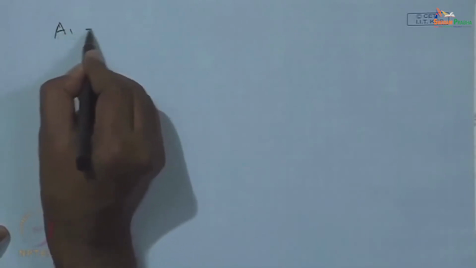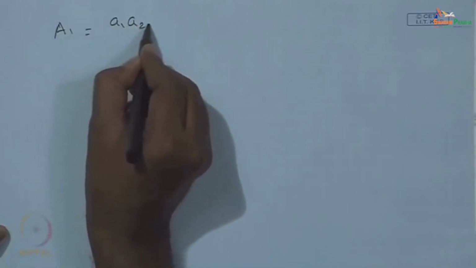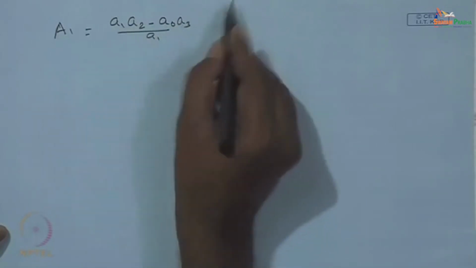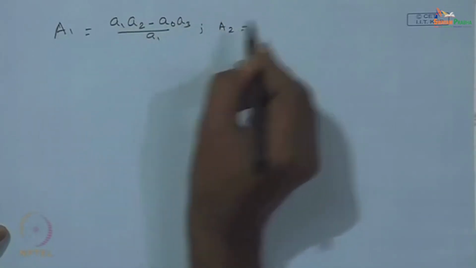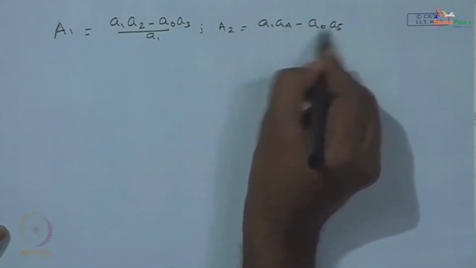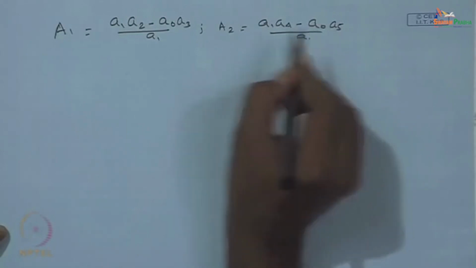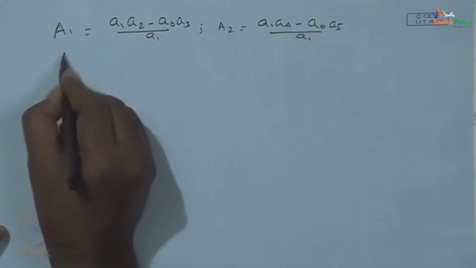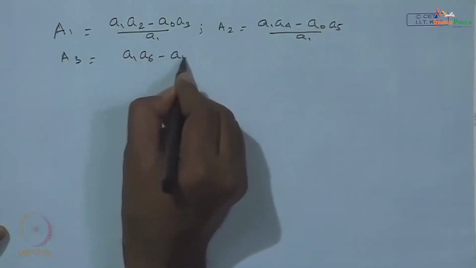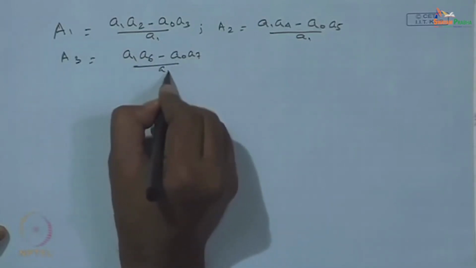So, we write A1 as (a1 a2 minus a0 a3) divided by a1, A2 as (a1 a4 minus a0 a5) divided by a1, A3 as (a1 a6 minus a0 a7) divided by a1.